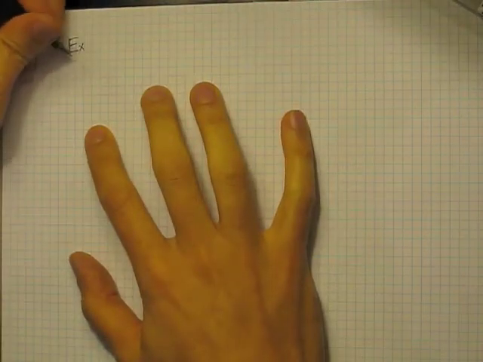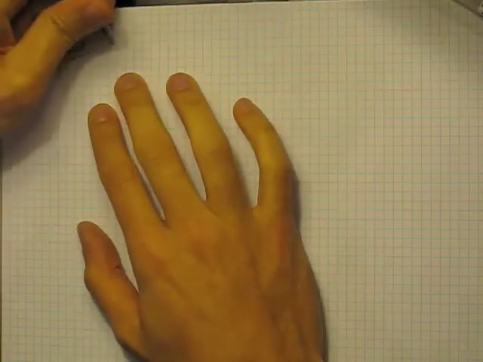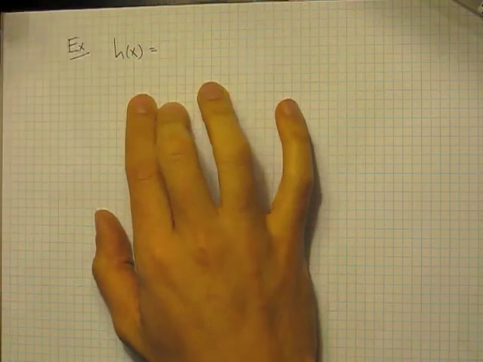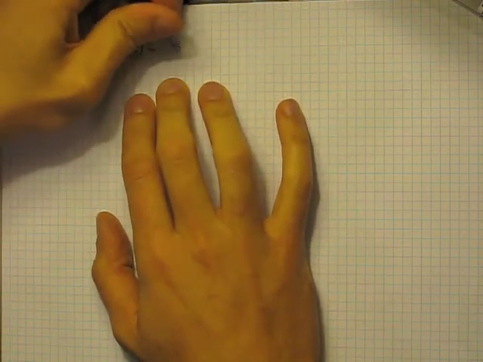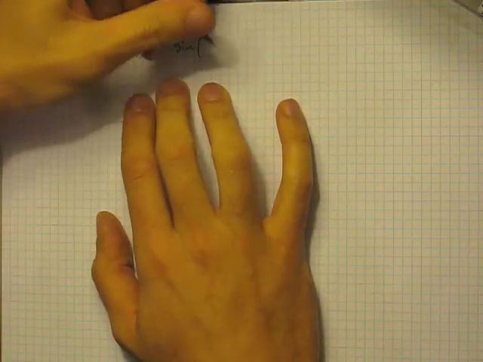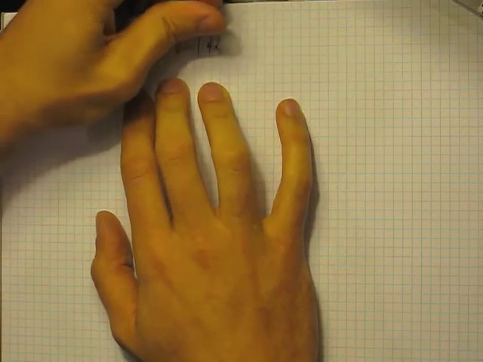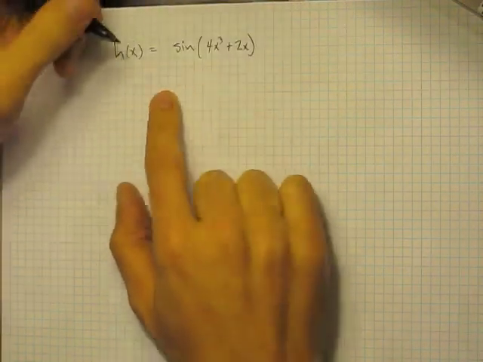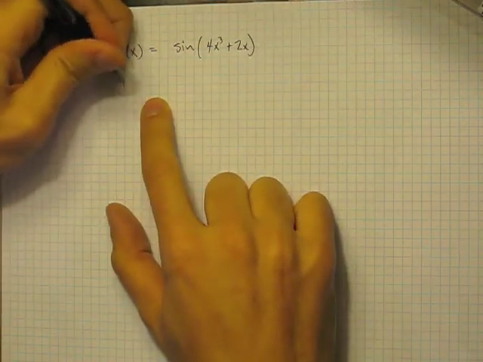So suppose I wanted to compute, let's call the function h, let's say sine of the quantity 4x cubed plus 2x. Here we have an inside function.